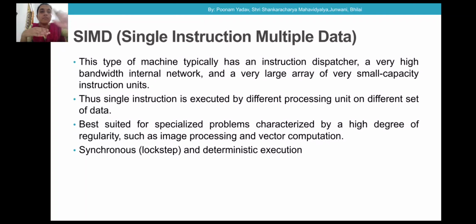So there are different processing units, a single instruction, but the processing units are different and the data sets are different. These are specialized problems characterized by a high degree of regularity, such as image processing and vector computation. This is a synchronous and deterministic execution.